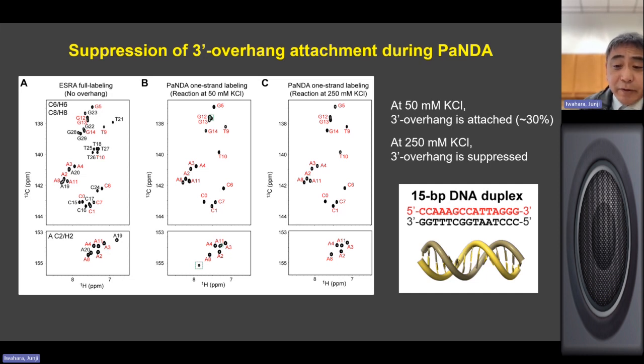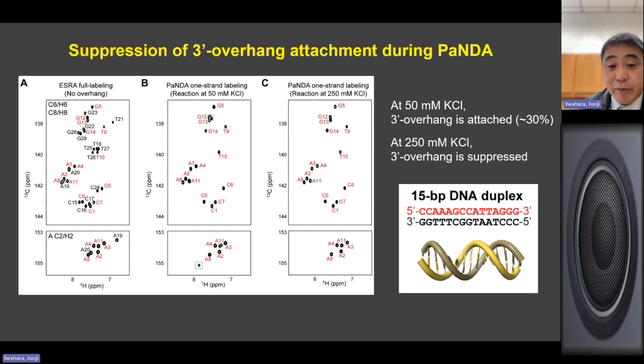To resolve this problem, we used high salt concentration, and at high salt concentration, the polymerase dissociates from the terminal position before 3' overhang attachment happens. In that way, we can largely suppress 3' overhang.